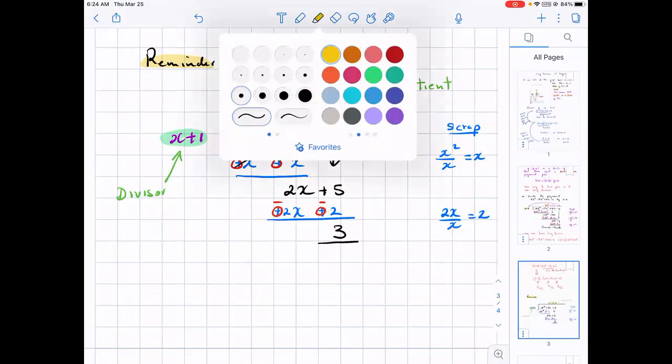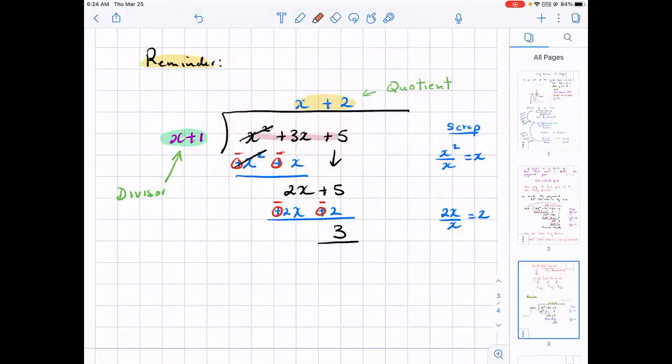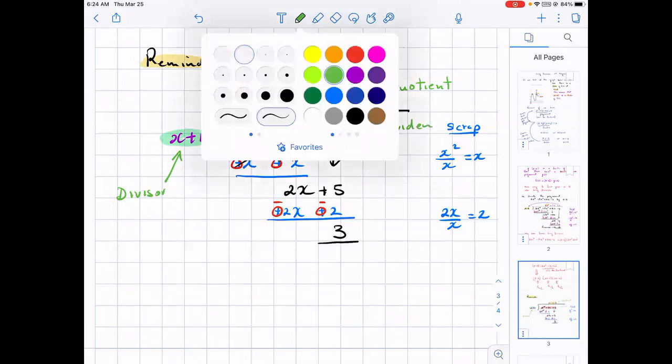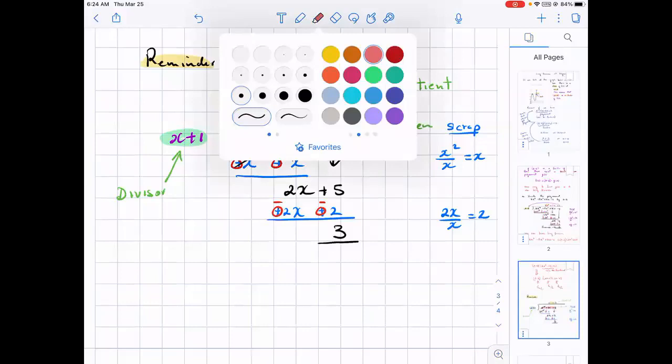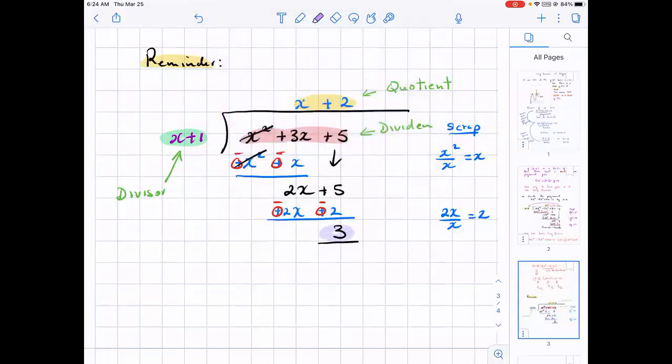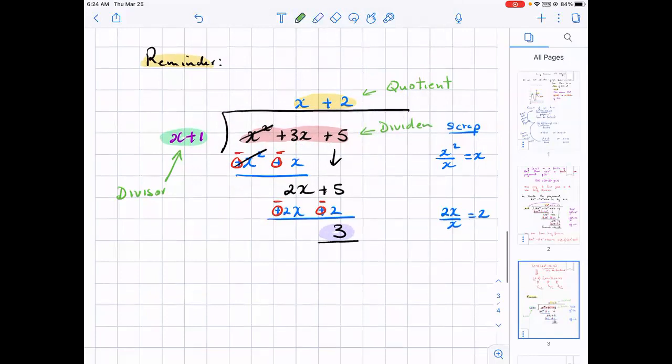And in here, okay, this is what we call the dividend. And lastly, this here is what we call the remainder.